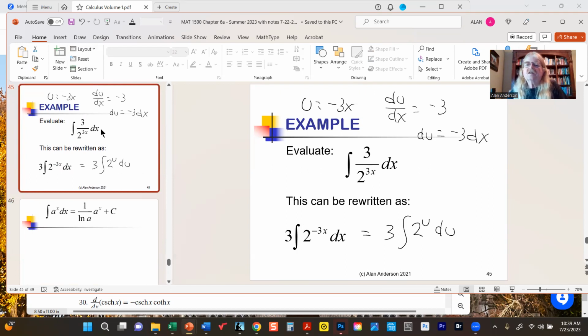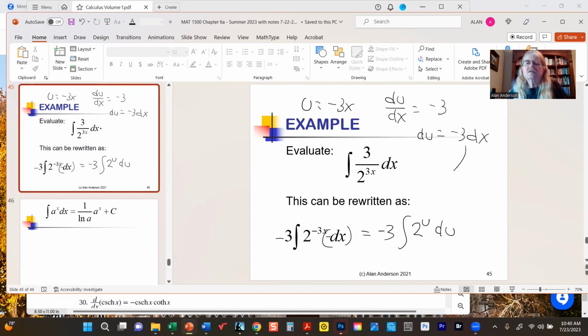Oh, you know what I just realized? We didn't actually have du here. Oh, yes, we do. It's negative. u is minus 3x, du dx is minus 3. Oh, you know what the problem is? Yeah, okay. This du requires a negative. So we need a negative here and here. All right, now we're good, but we need this negative here.